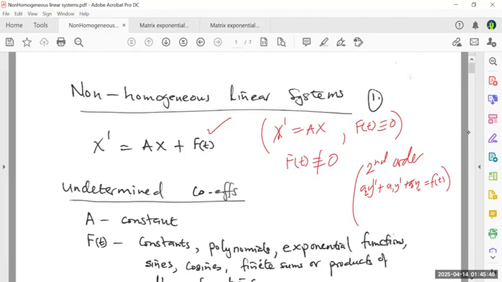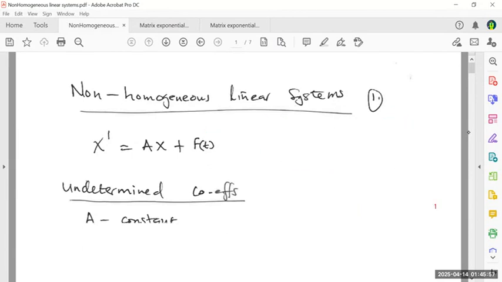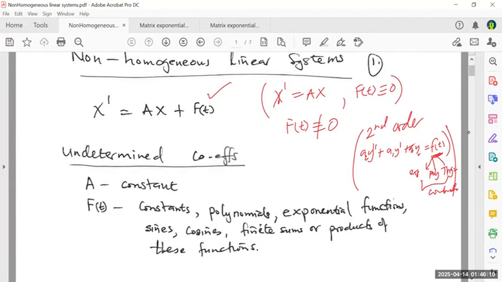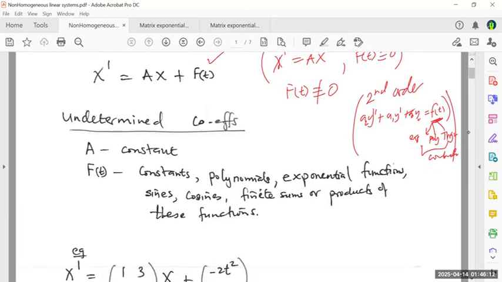We would use it provided this function f of t had the form of exponential functions, polynomials, trig functions, and the different combinations. This is just a review of what you did in an undergraduate ordinary differential equations course.